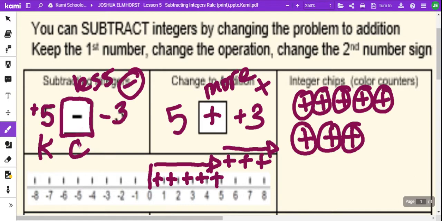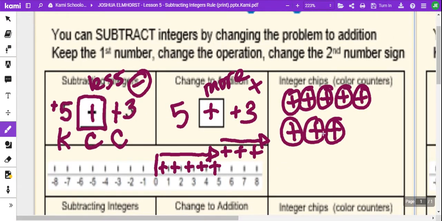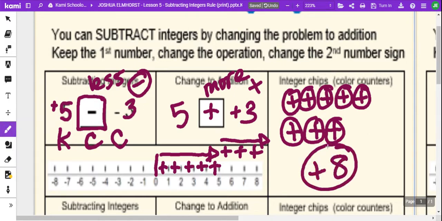So taking away negatives means you're going to change this and change this to show what we're going to get more of instead of what we're going to get less of. So we have 5 and we're going to get more positive. So keep, change, change. So what this is going to end up saying is we had 5 minus 5 take away 3 negatives means we're going to end up with 8 positives.